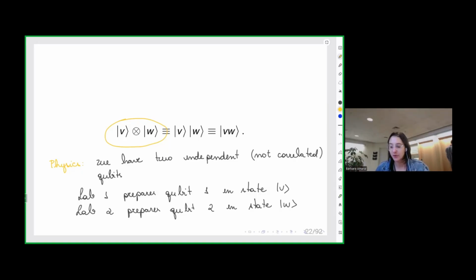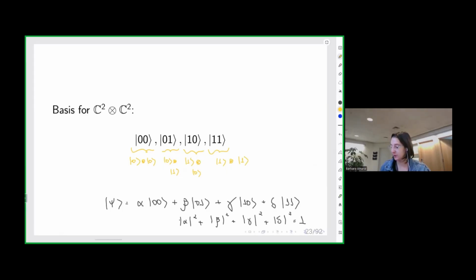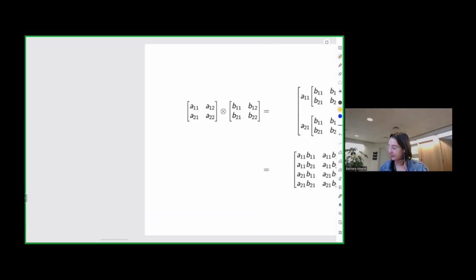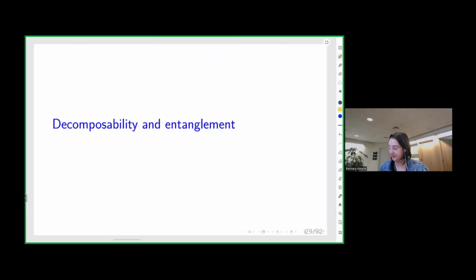And it is possible that instead of being a product like this, they could be some other more complex linear combination of different product states. And that's what we are going to look at. Questions so far?